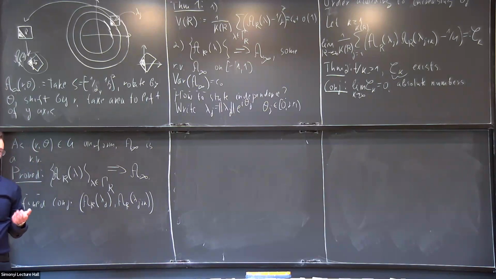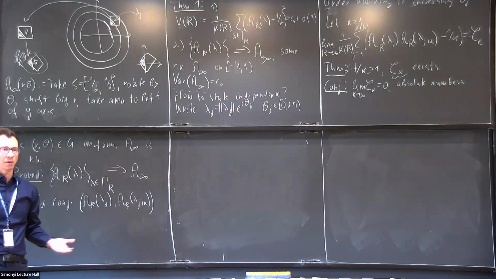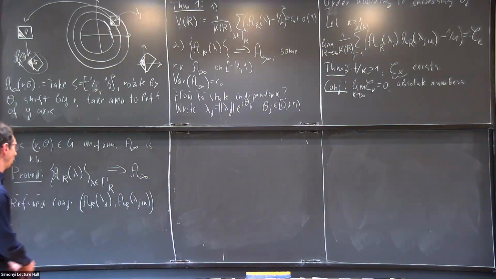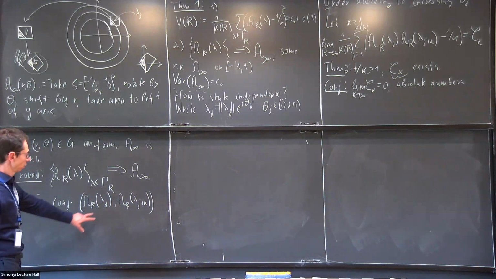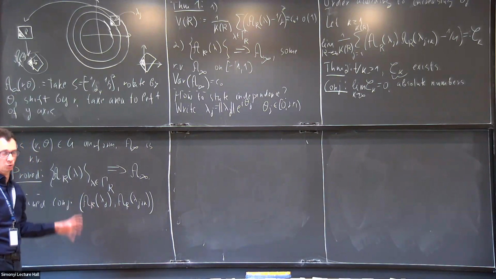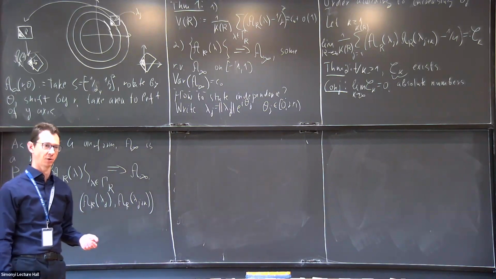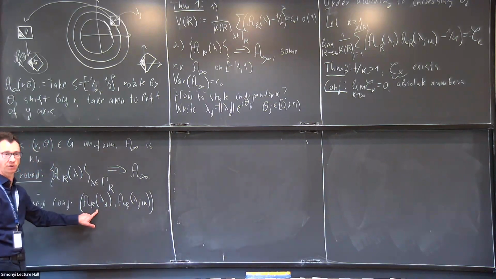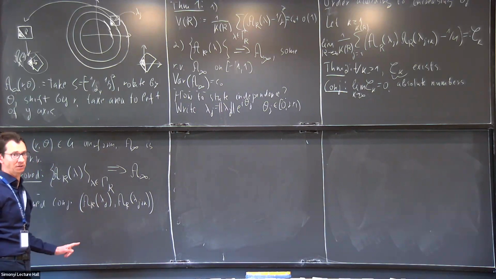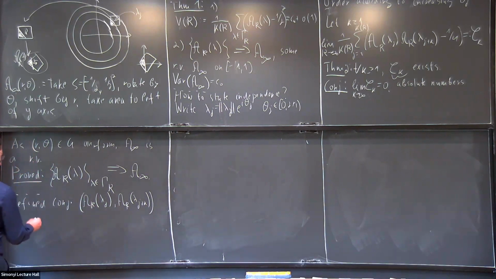The question is, what would be the natural limit? One notion is that it converges to two independent copies of A infinity, because we know that all the marginals converge to A infinity. But in fact, this is not true, and from our results, it's possible to conclude that.